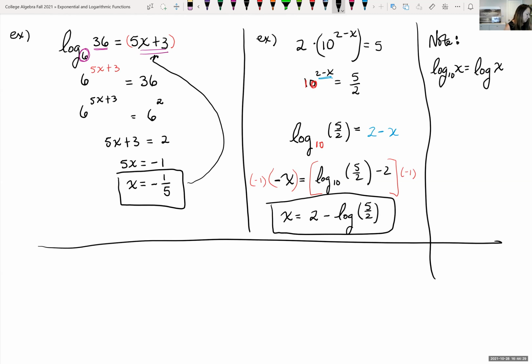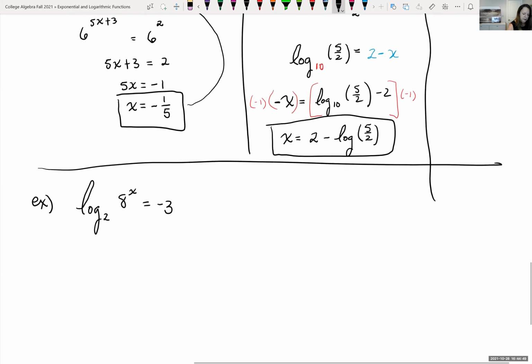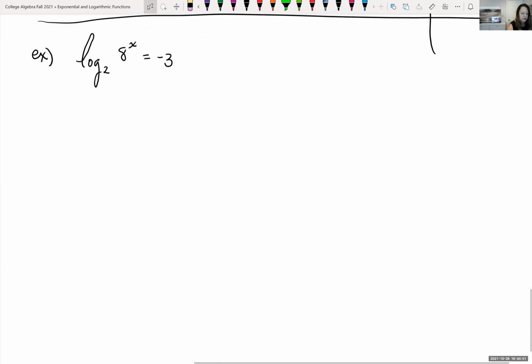So let's look at one more. How about log base 2 of 8 raised to the x power equals -3. So again, solving the equation.